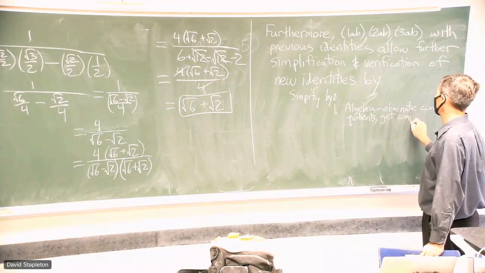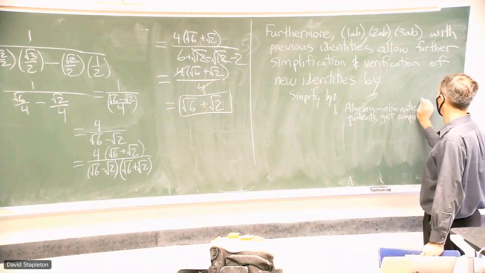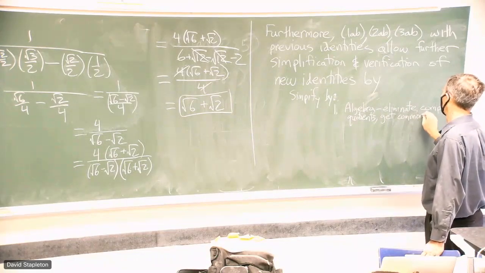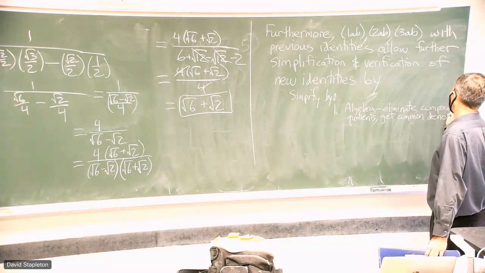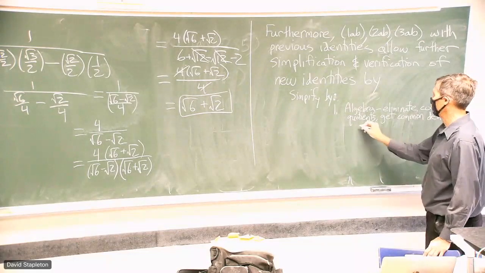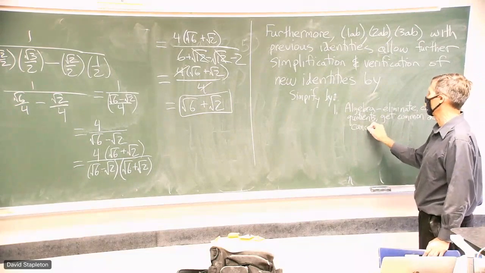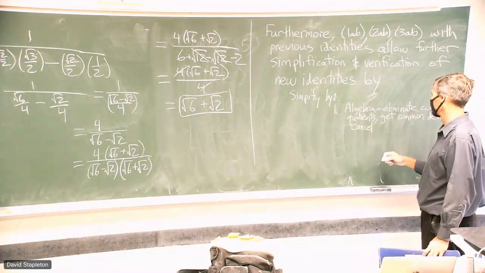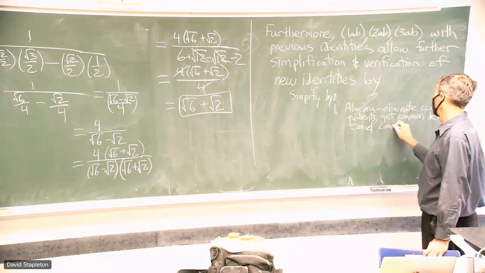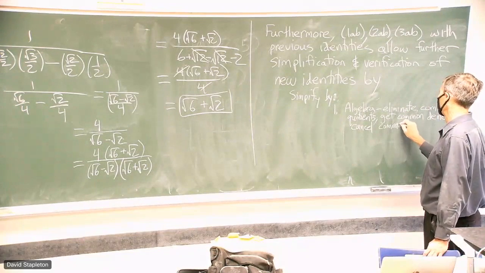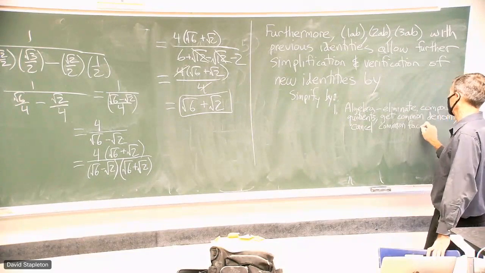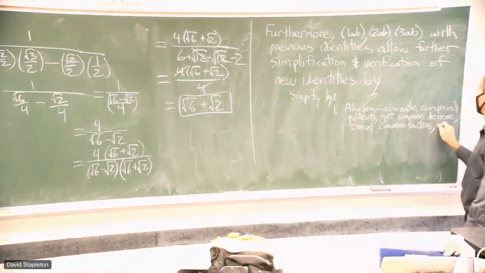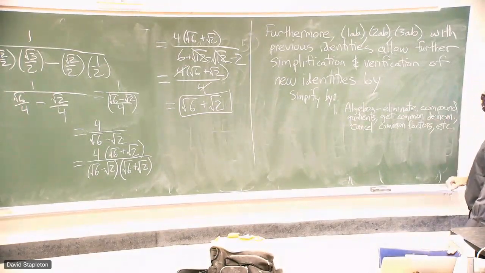But this is how you simplify things in algebra. We canceled common factors. That's mostly the quotient theorems that we're interested in from algebra. But sometimes you use something else, so I'll say etc. Those are the main things you do.